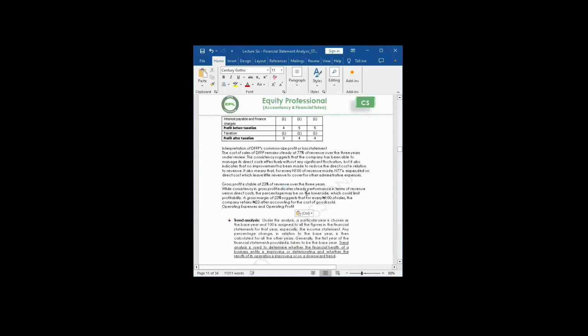While consistency in gross profit indicates a steady performance in terms of revenue versus direct cost, the percentage may be on the lower side, which could limit profitability. Okay, a gross profit margin of 23% suggests that for every 100 naira of sales, the company retains just 23 naira after accounting for cost of goods sold.